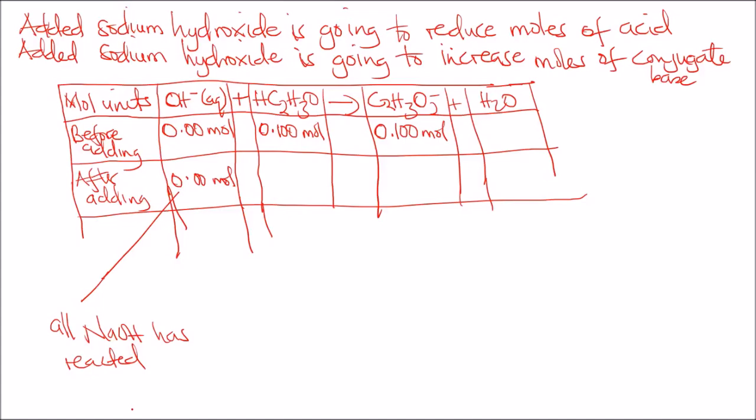The sodium hydroxide has reacted with the acetic acid, therefore reducing its moles. And we know how much of sodium hydroxide has reacted. We know that it is 0.01 mole that has reacted. So in the end, what we are going to have is minus 0.010 mole.